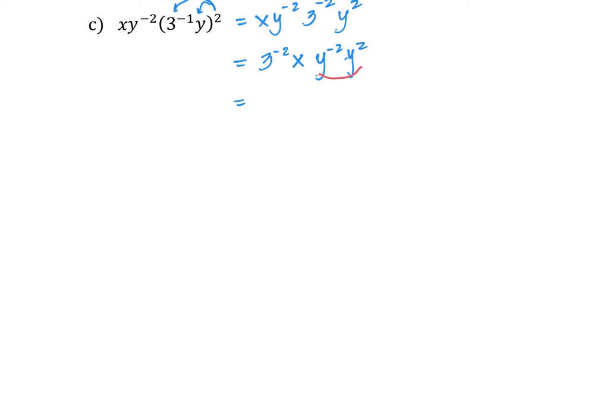I'm going to add the exponents, so that would be y to the 0. And I could see that I have a negative exponent on the 3, so in one step, I'm going to write this as x, y to the 0, and bring down the 3 and make the negative 2 exponent positive. And of course, anything to the 0 power is 1, so this is just going to be x over 9.